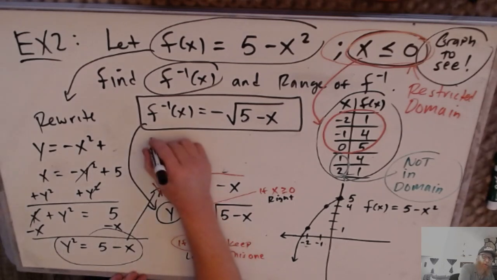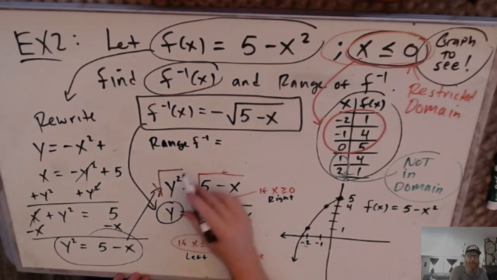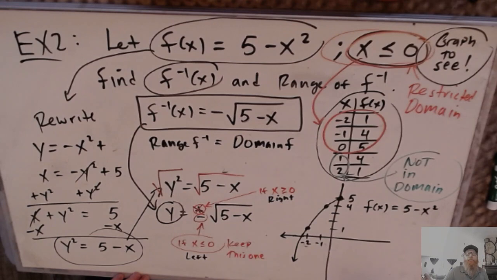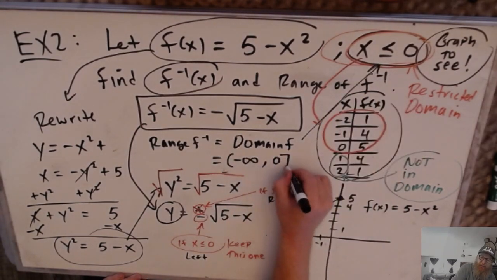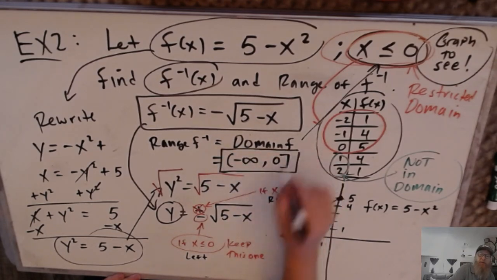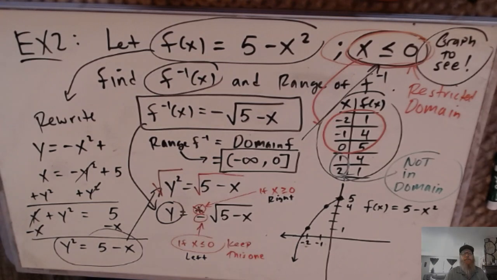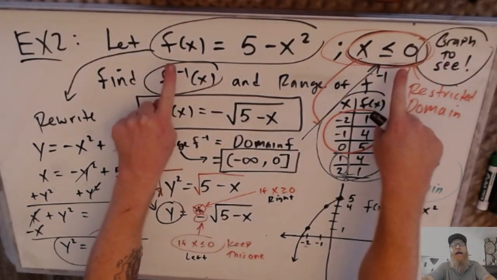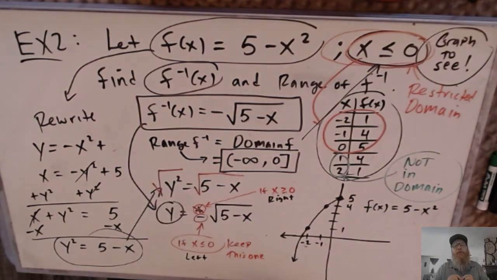All right, and now you want to know the range? Well, the range of f inverse is the same as the domain of f. So that is from negative infinity to 0. That's the range. So if you know the domain of the original f, then you also know the range of the inverse function.